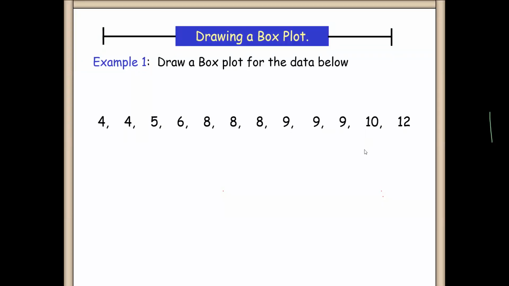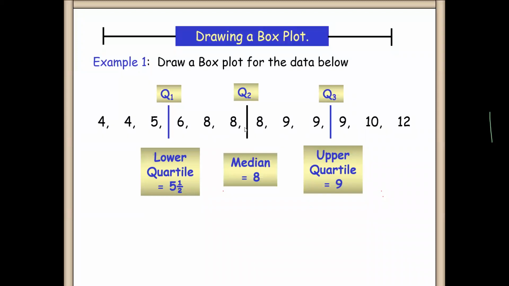So we start with Q1, Q2, and Q3. In between 8 and 8, we found Q2, which was 8. The lower quartile was 5.5, and the upper quartile is 9. We have our minimum, which is 4, and we have our maximum, which is 12. So we have our 5-point number summary.